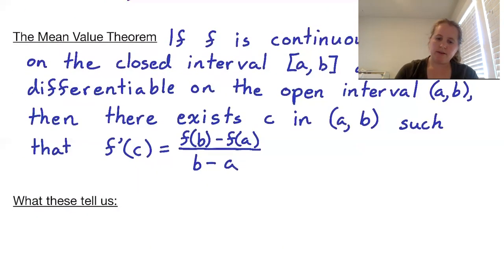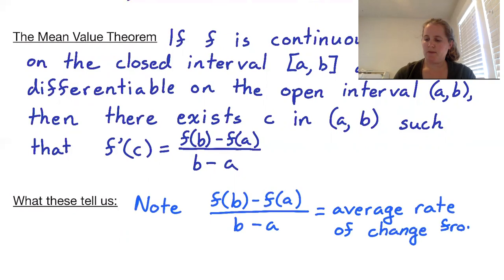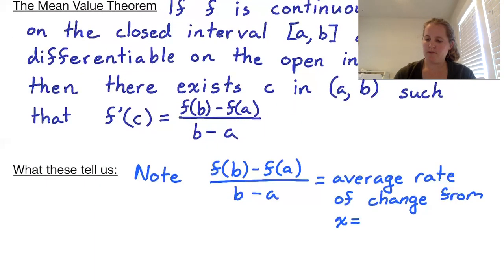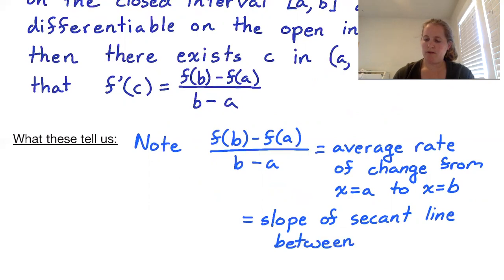So just a quick comment, note that f of B minus f of A over B minus A is the average rate of change from x equals A to x equals B. Or another way of saying it is this is the slope of the secant line between x equals a and x equals b.